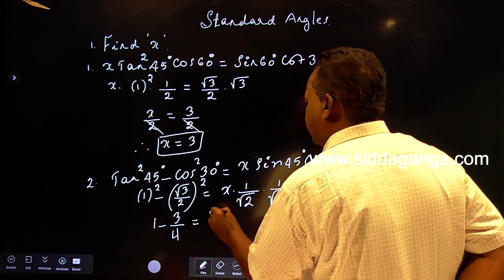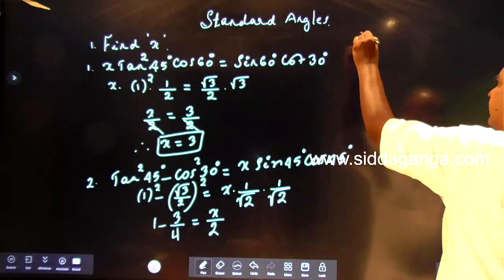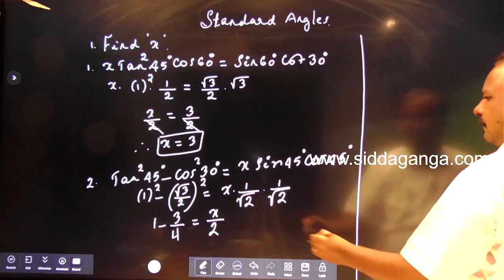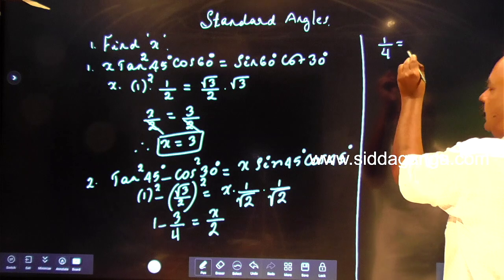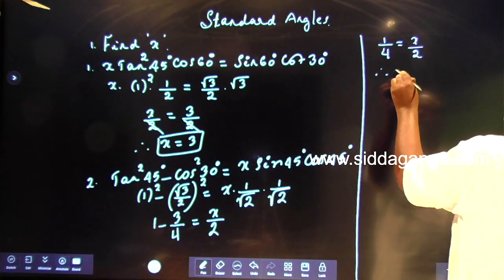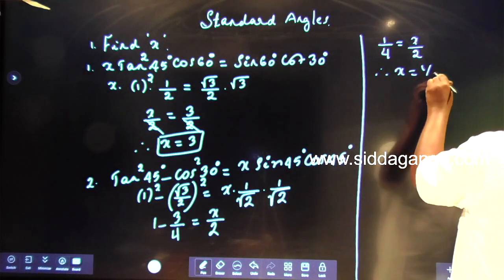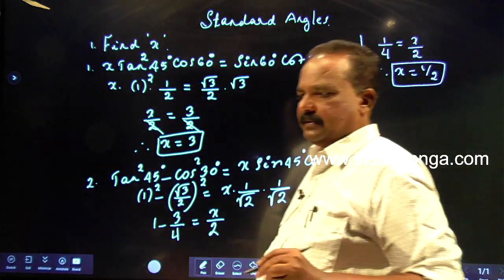This is x divided by 2. 4 is the LCM. 4 minus 3, 1 by 4 is equal to x by 2. Therefore, x is equal to 1 by 2. So, that must be our final answer.